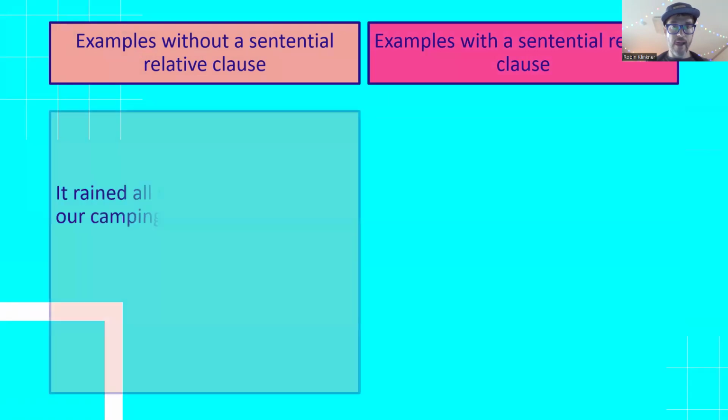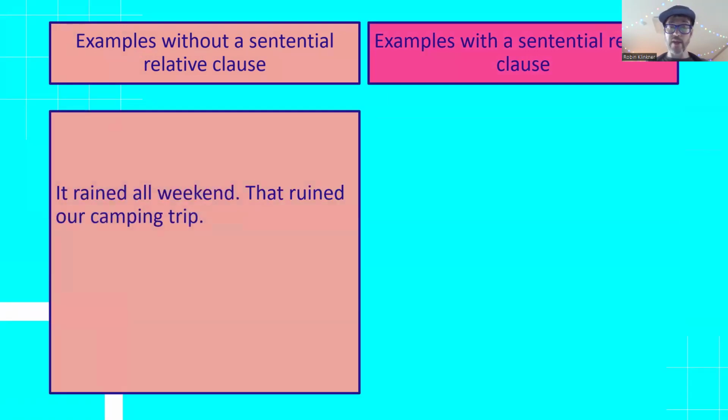Let's take a look at another example. It rained all weekend. That ruined our camping trip. What does that refer to? That refers to it raining all weekend, the entire idea conveyed in the previous sentence.